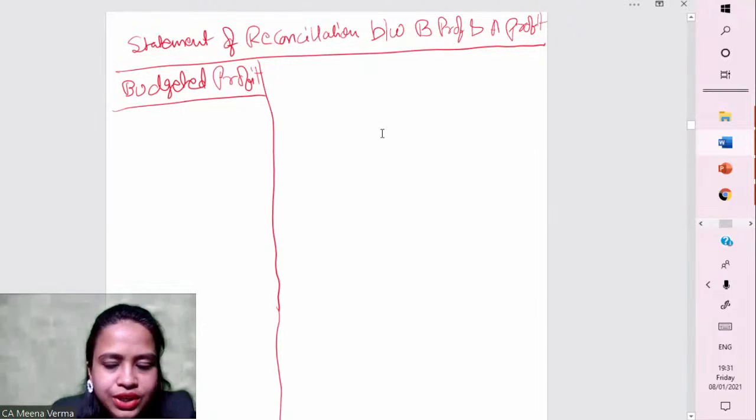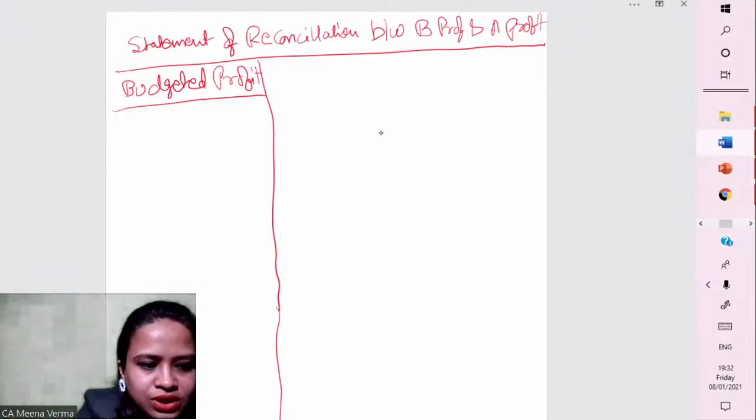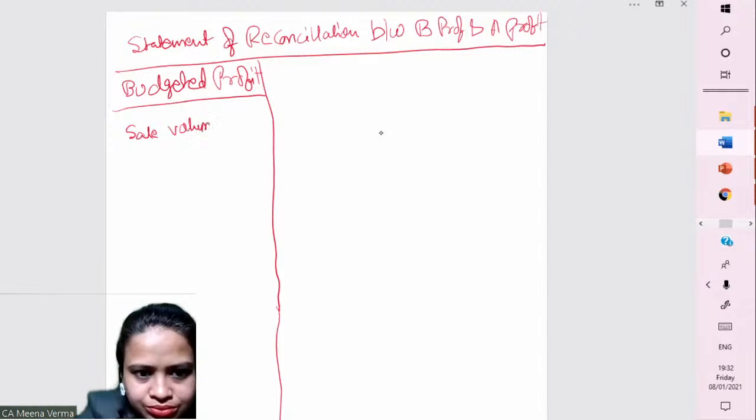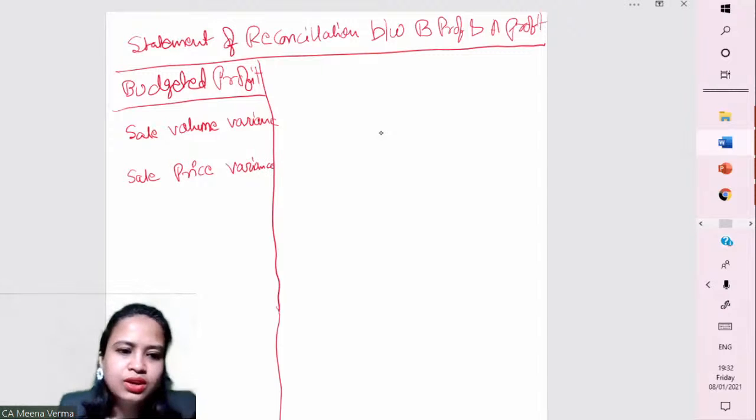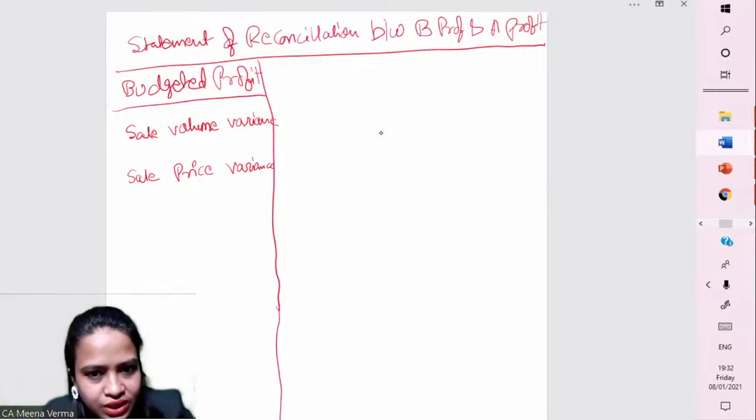Now sale can be further divided into sales volume variance and sale price variance. You have to consider the sale price variance and the sale volume variance. This way you will get the sales variance.